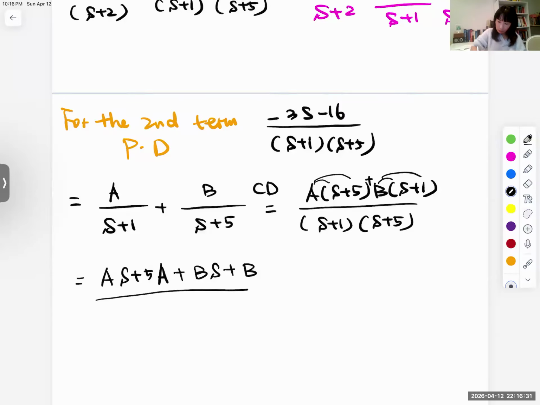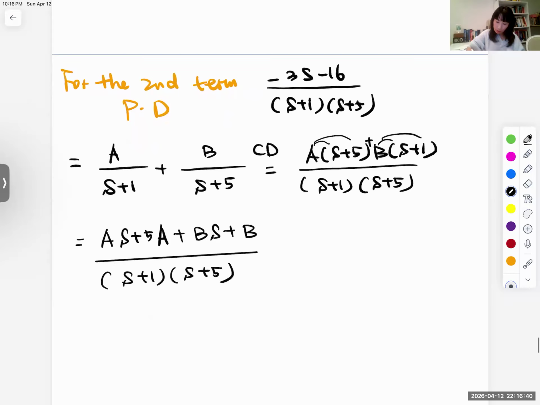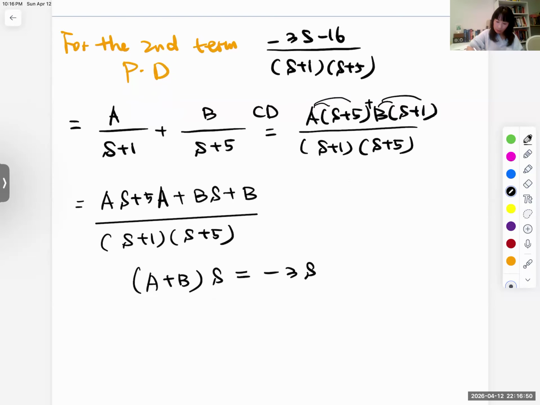Over (s+1)(s+5). Okay, so we have A plus B as the s term, which is negative 3s.